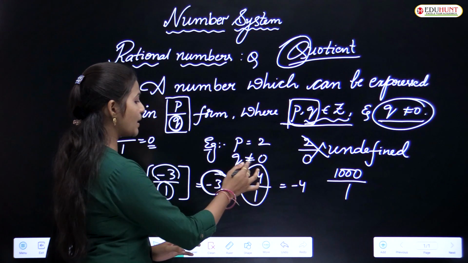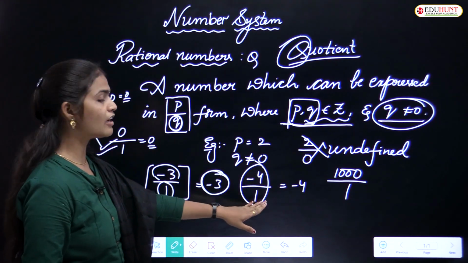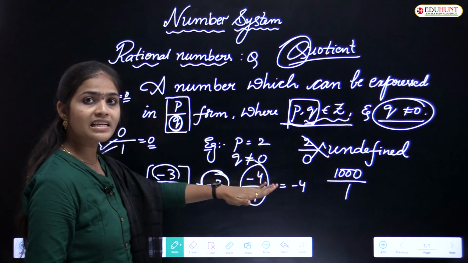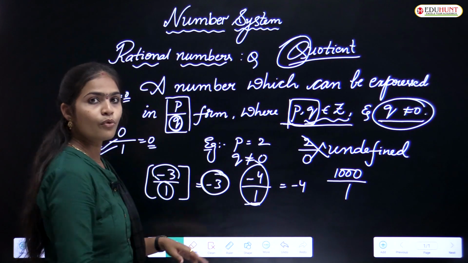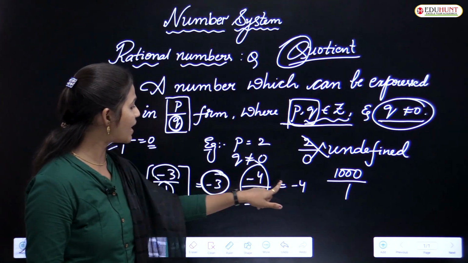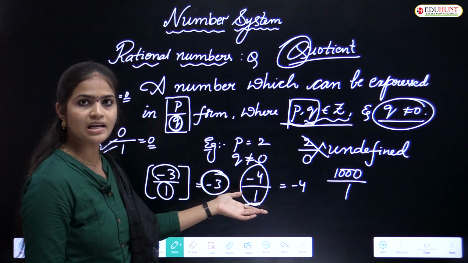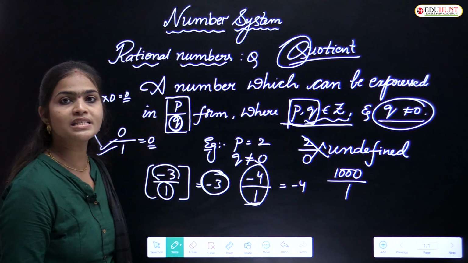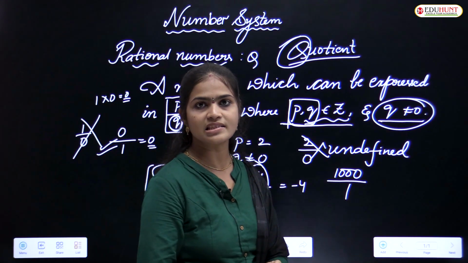Because minus 4 is an integer, and we can express minus 4 in the form of P by Q by taking 1 in its denominator. Now this is minus 4 by 1, so we can observe negative fractions also. In rational numbers we can observe positive fractions and negative fractions.